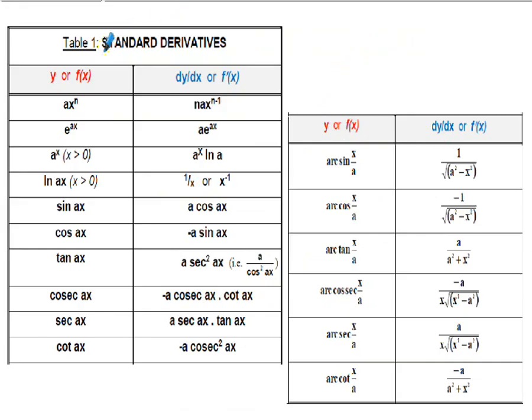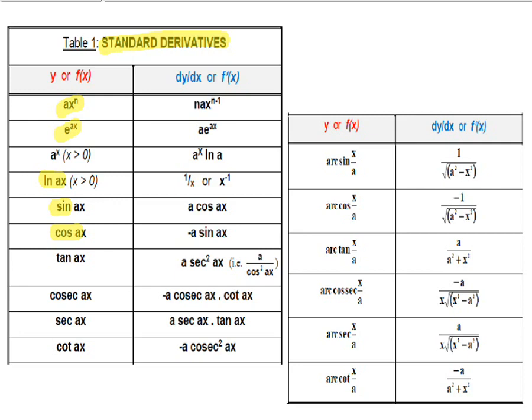Obviously there are more standard derivatives that you can find if you're looking at the reference sources and so on, but it's usually the first few lines of the table that are the most common ones that we'll be dealing with. I'm hoping this brief presentation has given you an insight into what standard derivatives are and hopefully how we're going to use them. You do not really need to worry about deriving them for the work we're going to do.